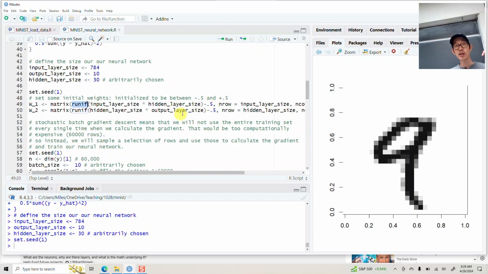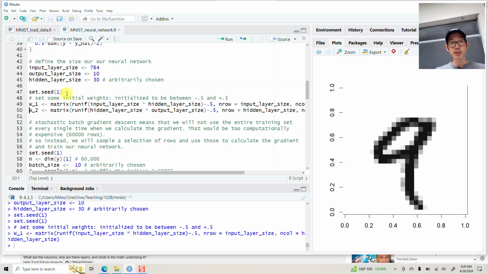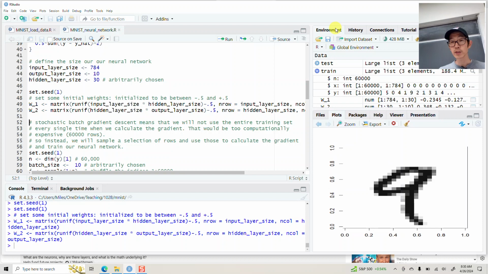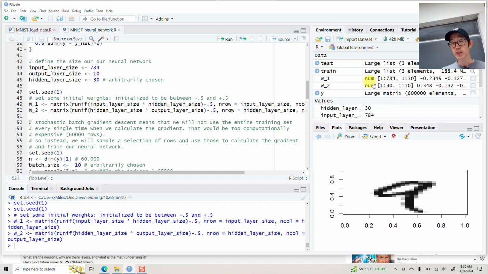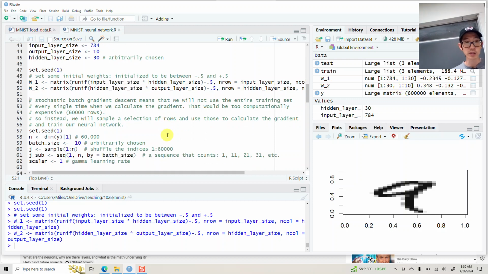Then W2 is going to be 30 by 10, 300 values in that matrix. Again, I'm going to generate some random values to start off with and slide them over 0.5, so it goes from negative 0.5 to positive 0.5. Now if I look at my environment, we can see W1 is 784 by 30, W2 is 30 by 10, and we got a bunch of values in there.